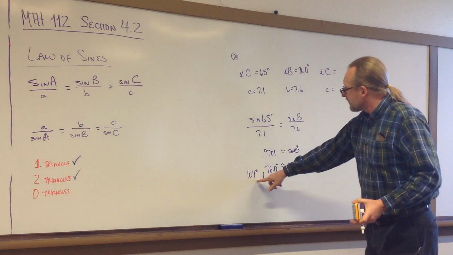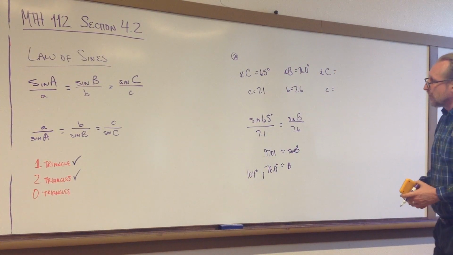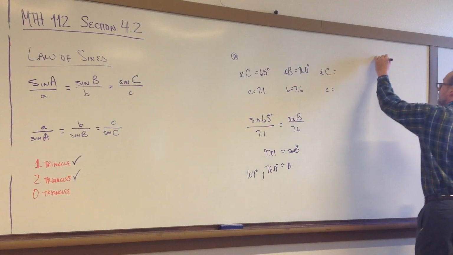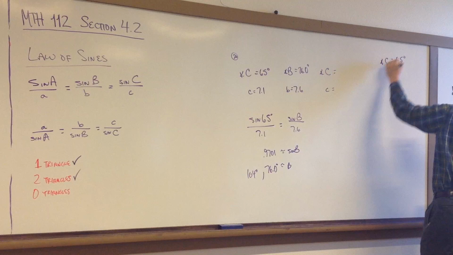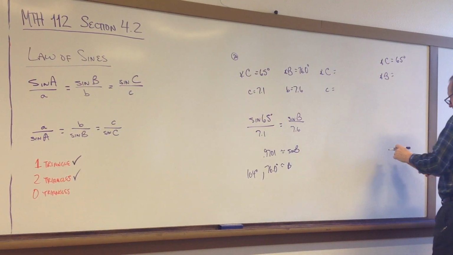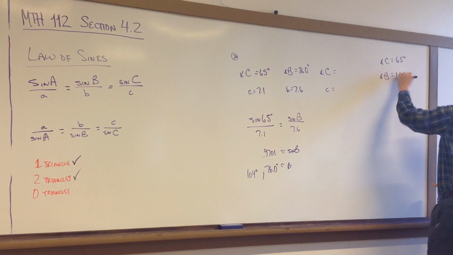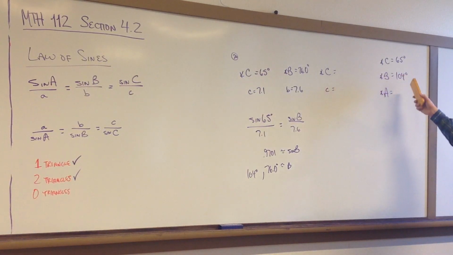Would a 104 degree angle fit in a triangle with a 65 degree angle? Yeah, it would. Okay, so we're going to need two triangles on this one. Angle C is going to be 65. Angle B, the second possibility, could be 104. And what would that leave for angle A? That's 169.